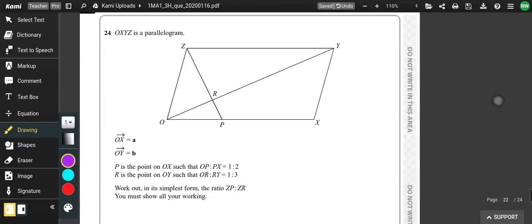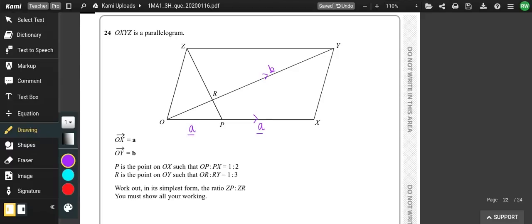Okay, question 24. Got a parallelogram. O to X is A and O to Y is B. P is the point on OX, so that OP to PX is in a ratio of 1 to 2. So add those up, we get thirds.